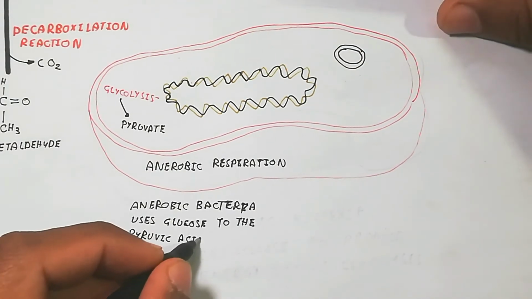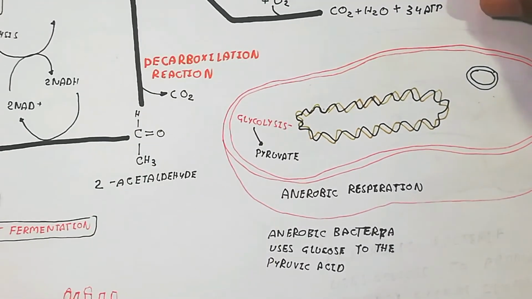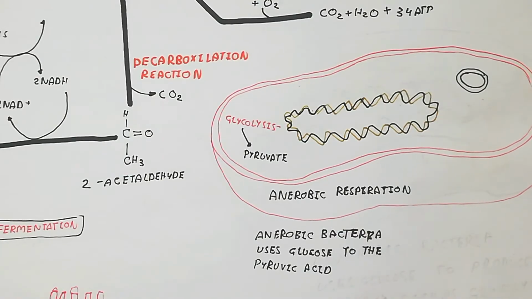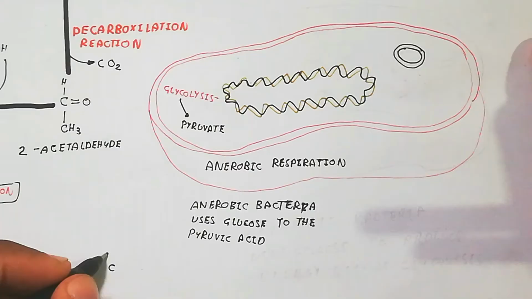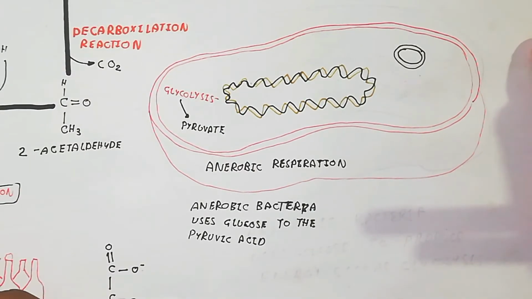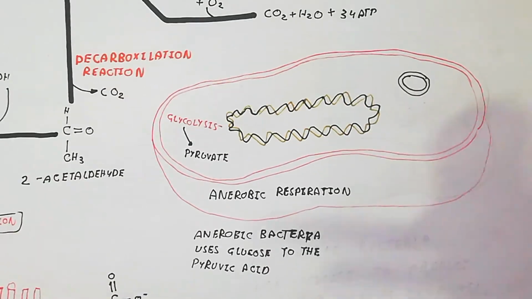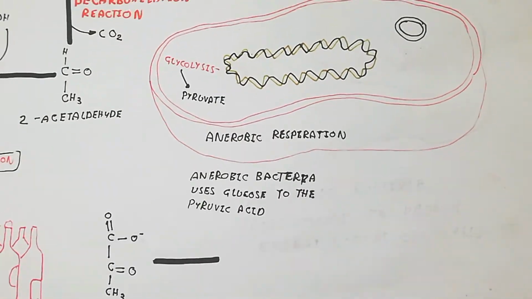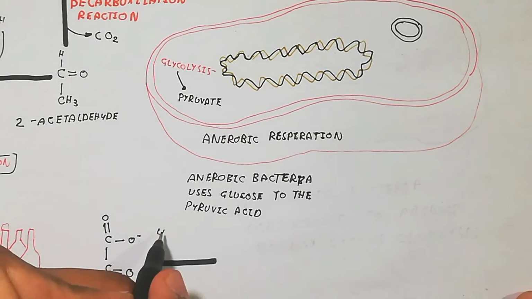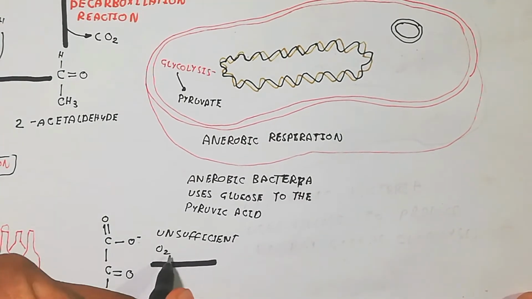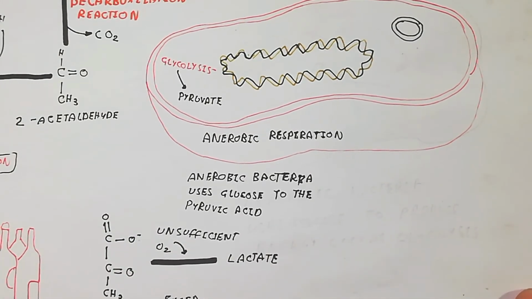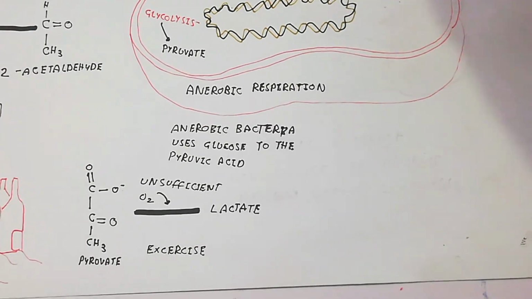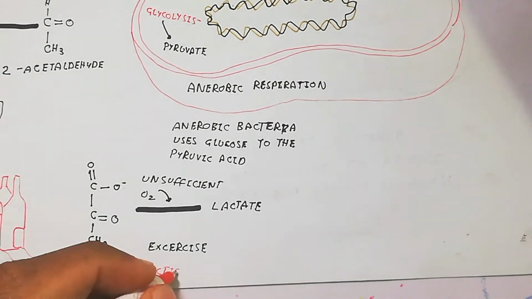Anaerobic bacteria use glucose to convert to pyruvic acid, or pyruvate, and that pyruvate will be further used to make another product, as in fermentation or something else. So that is all the basic concept about glycolysis, which you should understand better from this video.